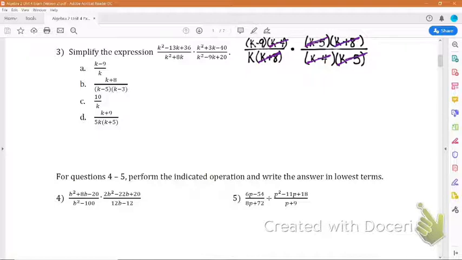That leaves me with k minus 9 on the top and k on the bottom, which is answer letter A.